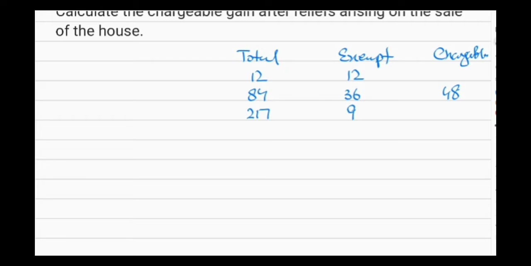Out of these 208 months, we consider 1/4 let out. 208 into 1/4 gives you 52 months. These 52 months are your chargeable period, and the remaining 156, that is 208 minus 52, the 3/4 period, is considered exempt.